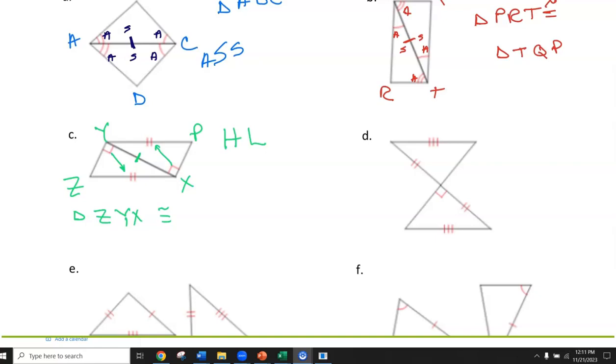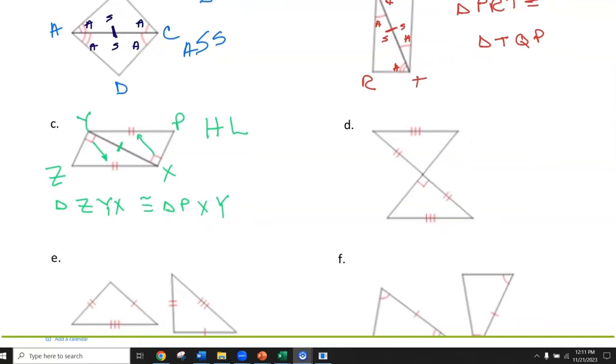So I have to go unmarked, which is the P, right? Because it's the bigger of the two angles. Unmarked to right angle, so PX. And then this was ZYX to single, so PXY does it. So that would be my congruency statement.